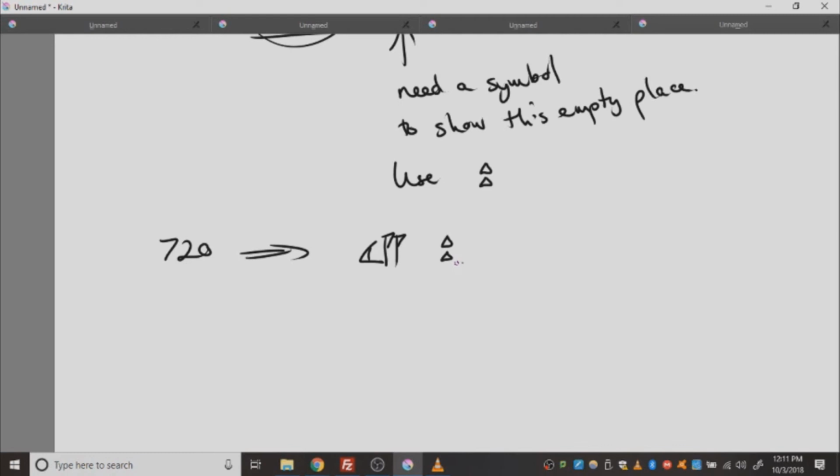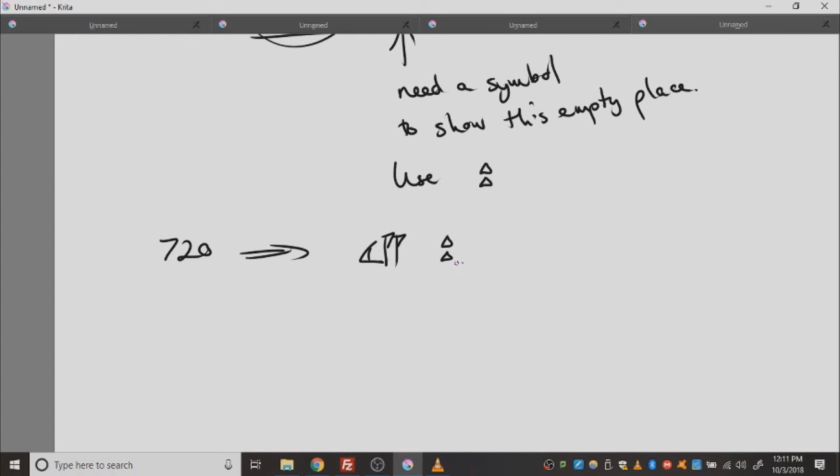Yes? If we get into bigger numbers, is it possible to have 2 zeros? Whenever a place is now empty, you have to show that symbol. That is now a new 3rd symbol. Yeah. But we'll leave the bigger numbers for tomorrow. But yes, anywhere where your breakdown has a 0, you need that guy.